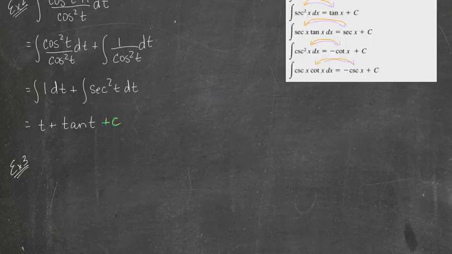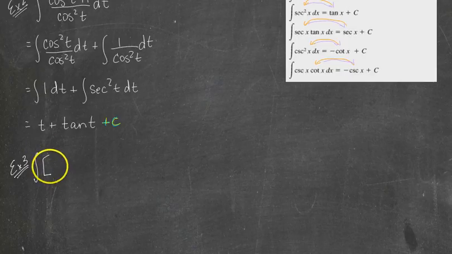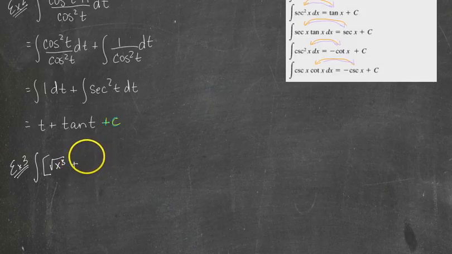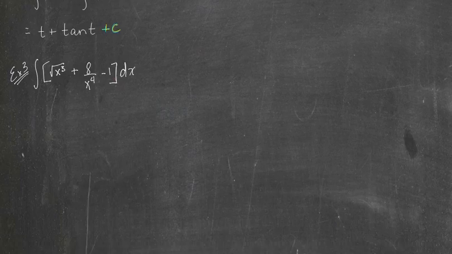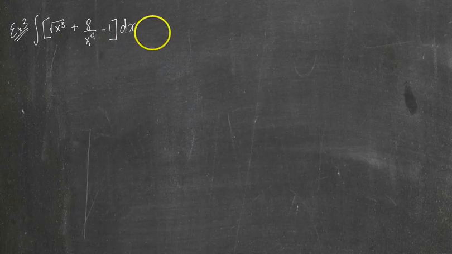So let's find the antiderivative of the square root of x cubed plus 8 over x to the 4th minus 1 dx. Okay, so I'm not going to use obviously any trig rules here.